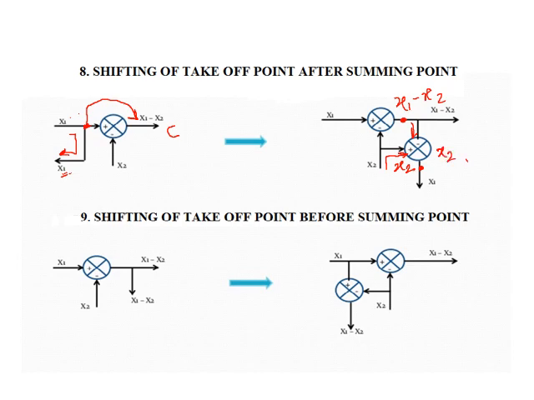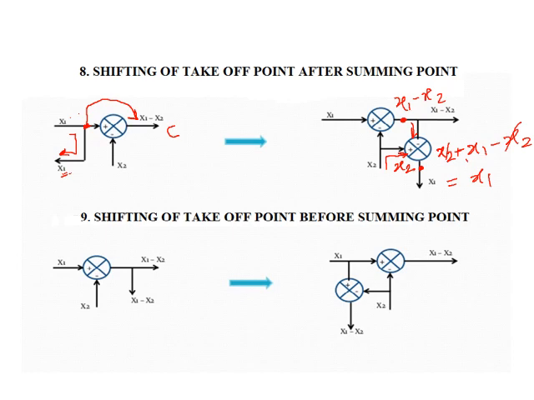So x2 is a positive signal and this signal is actually a negative signal. So I will just add these two signals. This will be x1 minus x2, so these two will get cancelled and I will get a resultant as x1. Okay, so this is called a critical rule because it is really difficult to locate the second summing point.